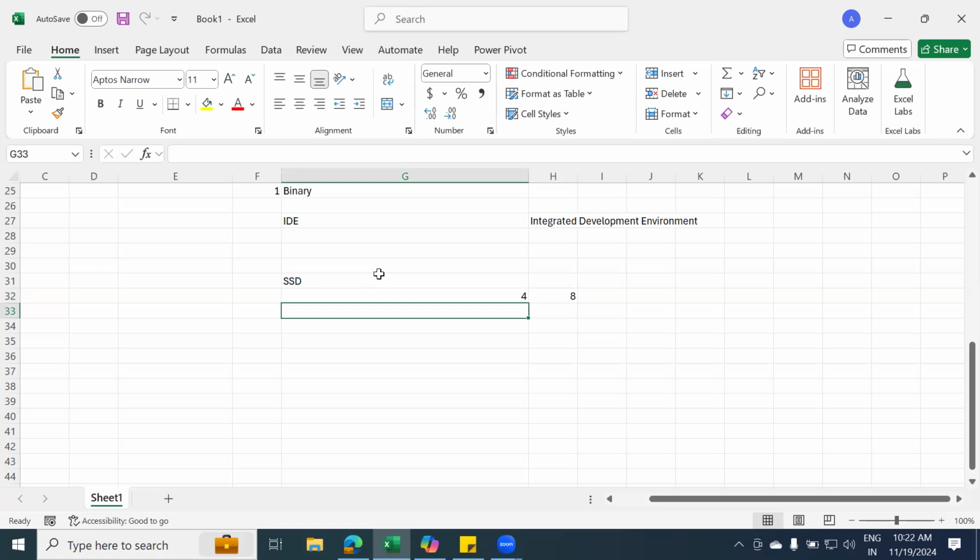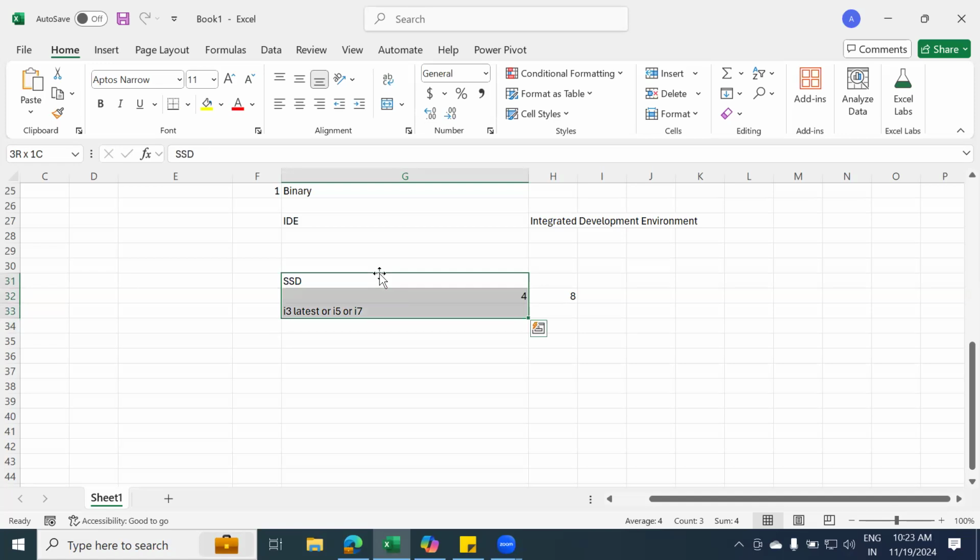Mostly, I think everyone is using an Intel processor. In that case, prefer the latest version of i3, or i5 or i7. These are the system requirements we have.